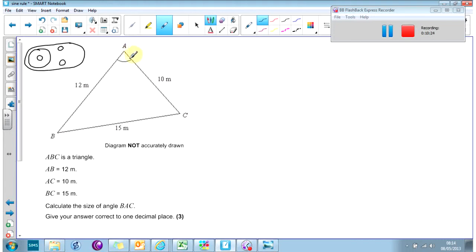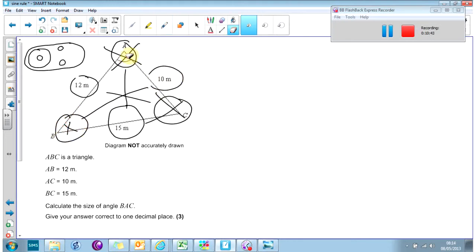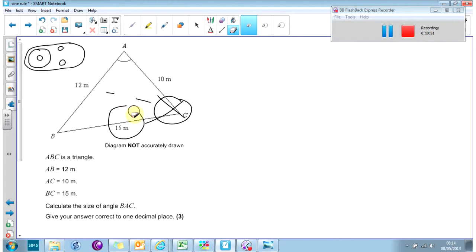And there's no angle side pairs, there's no Mexicans on bikes here, because I've got an angle I don't know, so that's not a pair, and I don't know the angle here either, and I don't know the angle here, so there's no pairs whatsoever, so this is not a sine rule problem. This is in fact a cosine rule problem, and if you want to know how to do that, you'll have to watch my cosine rule video when I finally get around to making it.